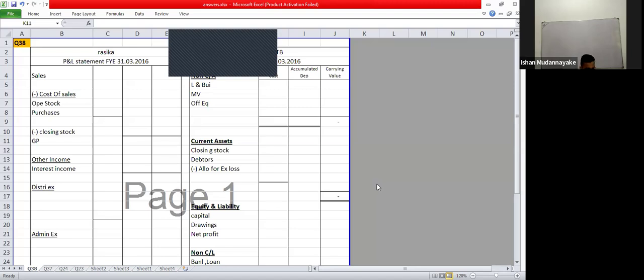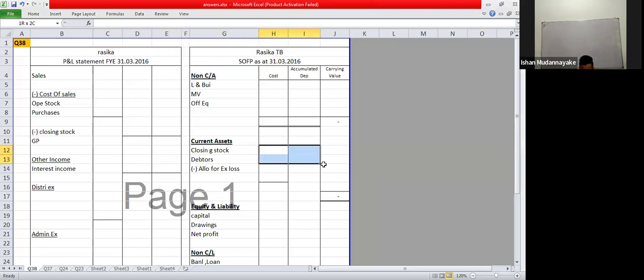Closing stock debit, then that debit entry should be recorded in the statement of financial position, 3,480. Trading account credit, then closing stock from profit you need to deduct, closing stock 3,480 from the trading account. Clear? Manidu, clear? Abhishek, clear? Yeah. Closing stock, okay.